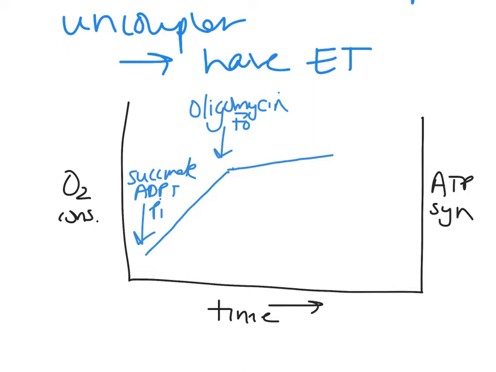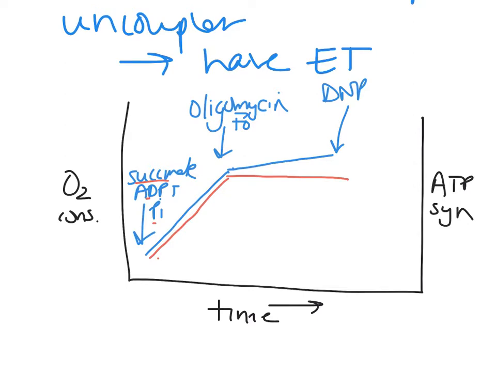If we were to do this for ATP, you'd see if we have succinate, ADP, and inorganic phosphate, you have ATP production. If we add oligomycin, we shut off ATP synthesis. Now, let's add DNP here.